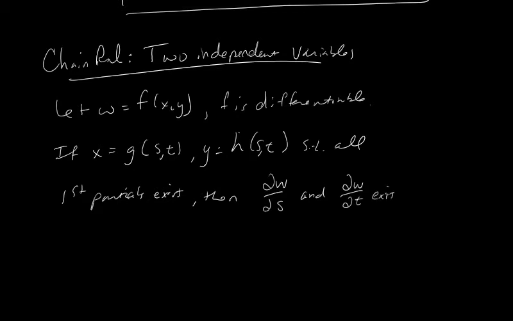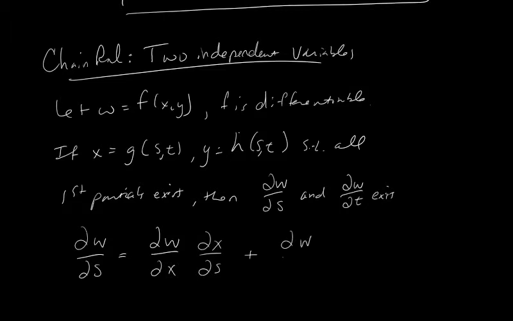and they're given by the following. The partial of w with respect to s is equal to the partial of w with respect to x times the partial of x with respect to s plus the partial of w with respect to y times the partial of y with respect to s. I know that those partial symbols kind of look like 2's. I am trying to make them look like backwards 6's.